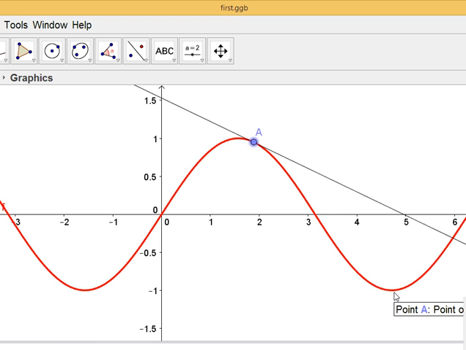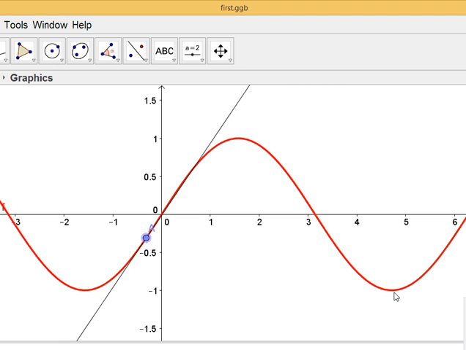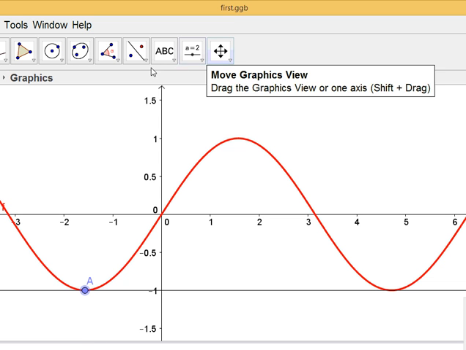So if I look at the gradient of the tangent here, if you think about it, sine x is a periodic function. Therefore, the gradient must show periodic behavior as well. Look at it, it's going up and down, up and down. Okay. What's the value of the gradient here?